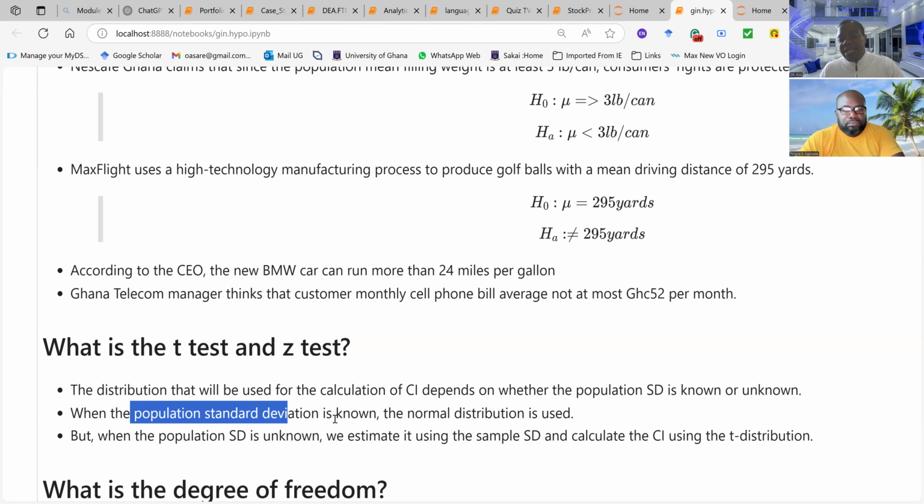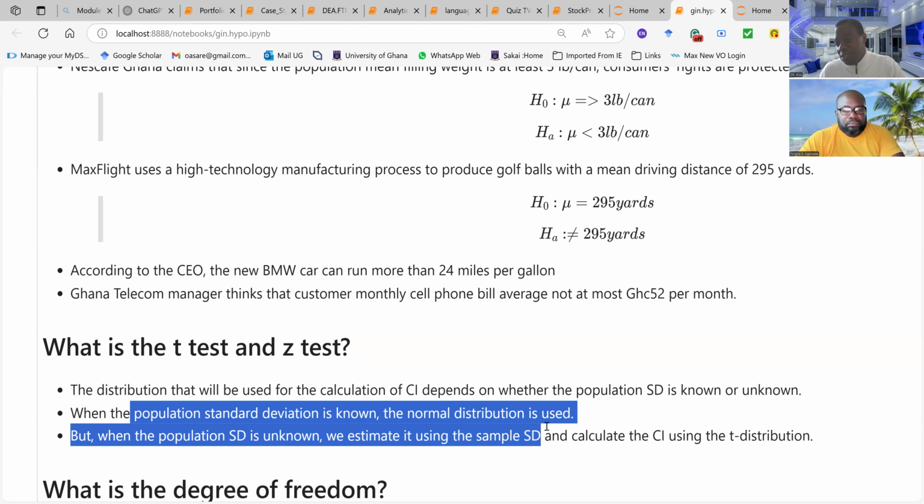When the population standard deviation is known, we use the normal distribution with certainty. Why? Because when it is known, you are inching towards normality, as if you are taking everything and knowing it with certainty.